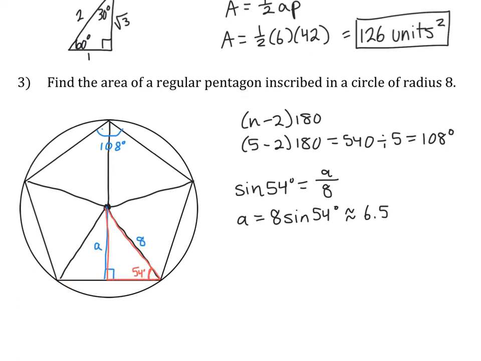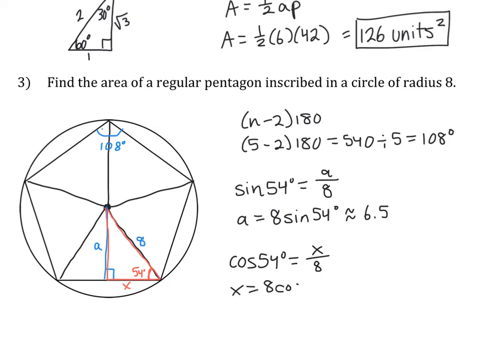Now from here, we still need to find our side length. So we can start by finding this distance, which is half our side length, and then we can double it. So there's a few different ways we can find this. Since this is a right triangle and we now know that this is 8 and this is 6.5, we could do Pythagorean theorem, or we could do another trig ratio just for practice. So again, if I'm using this angle, this is adjacent and this is hypotenuse, which would be a cosine trig function. So we could say cosine of 54 is adjacent over hypotenuse.